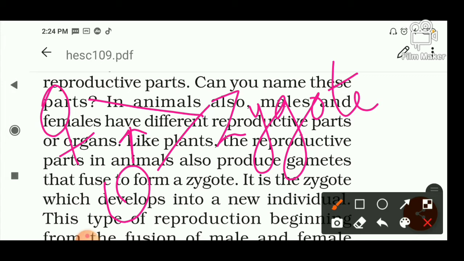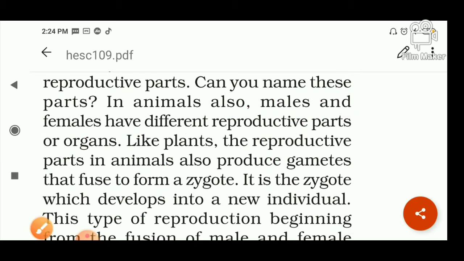Then the embryo continues growing and becomes a fetus. Up to 9 months, it is called a fetus. After this gestation period, the baby takes birth. This is the whole process of reproduction, right?